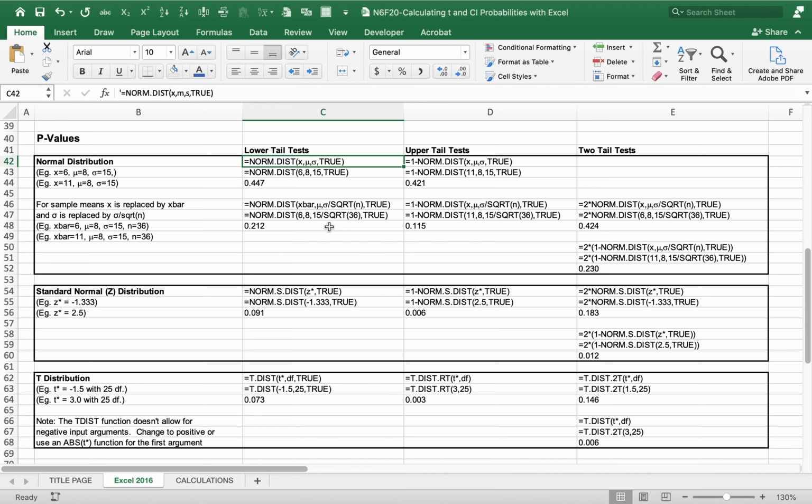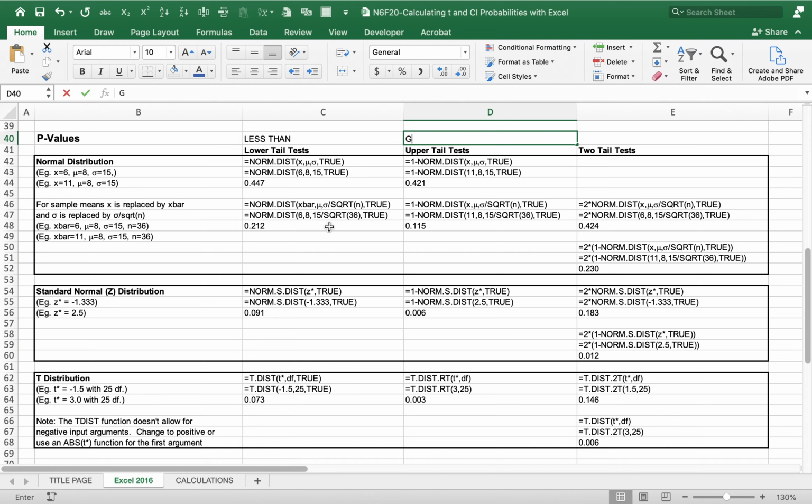Now, one thing I want you to note when you're reading this is that when we're looking at hypothesis tests, then the term lower tail tests will have some meaning behind it. Upper tail tests the same way. But for now, what I'd like you to think of it is whenever we're dealing with a less than problem, so we're looking at the probability that x or x bar or t is less than or equal to some amount.